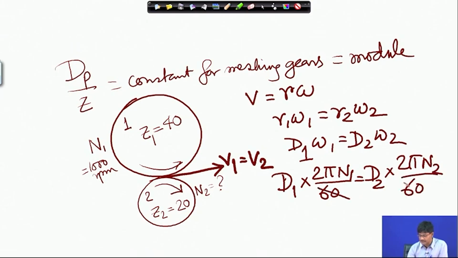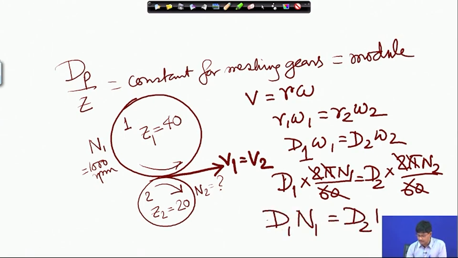All these things will cancel out, and we have d1 n1 equal to d2 n2. Okay.